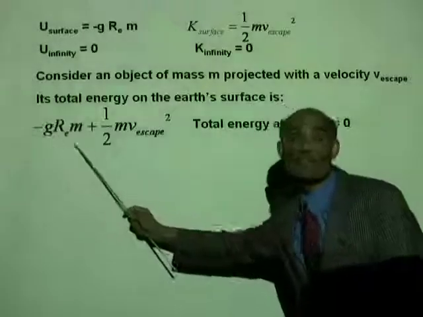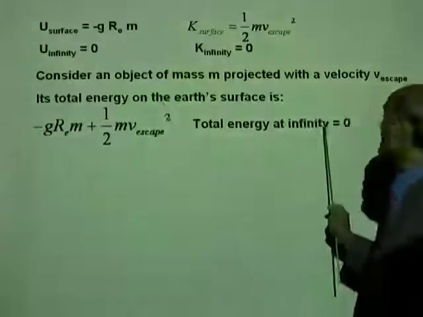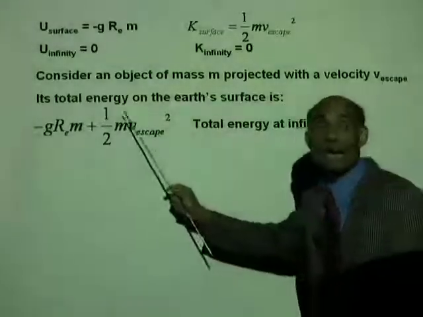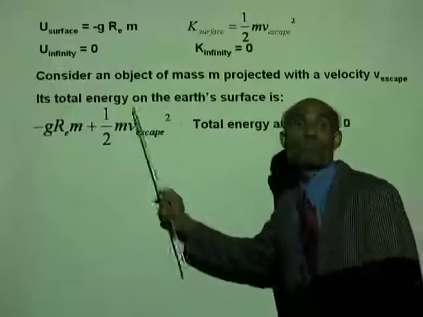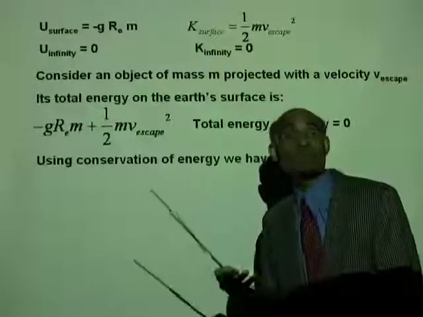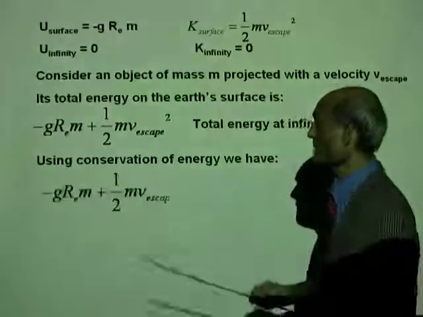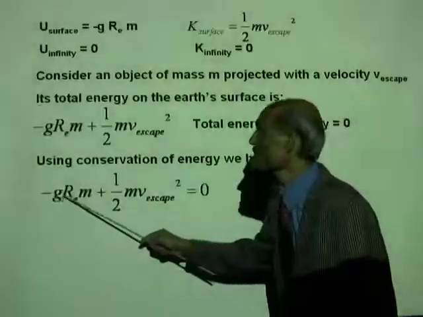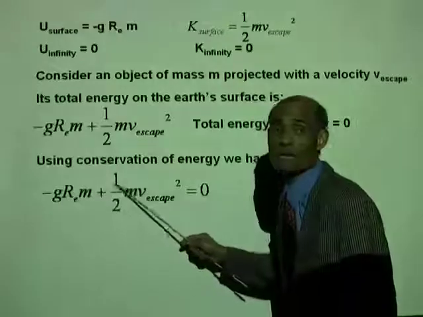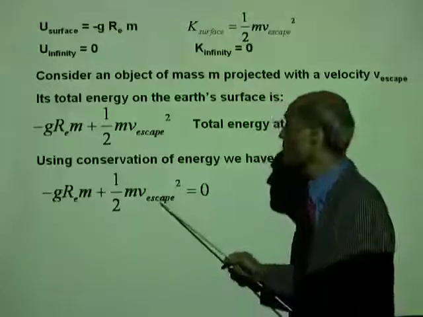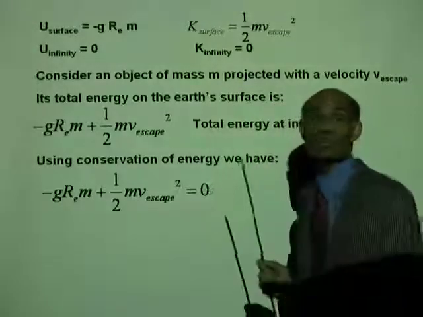So we will now take this quantity and set it equal to zero and solve for v_escape. A neat way to get an equation for the escape velocity. So we have -g R_E m + 1/2 m v_escape squared = 0.